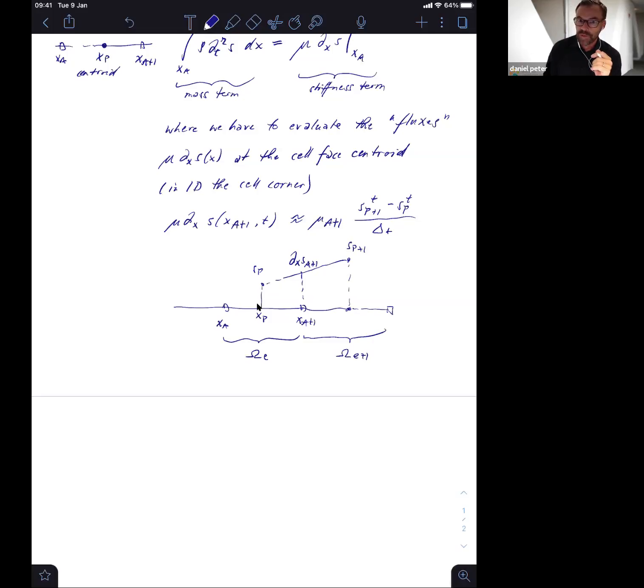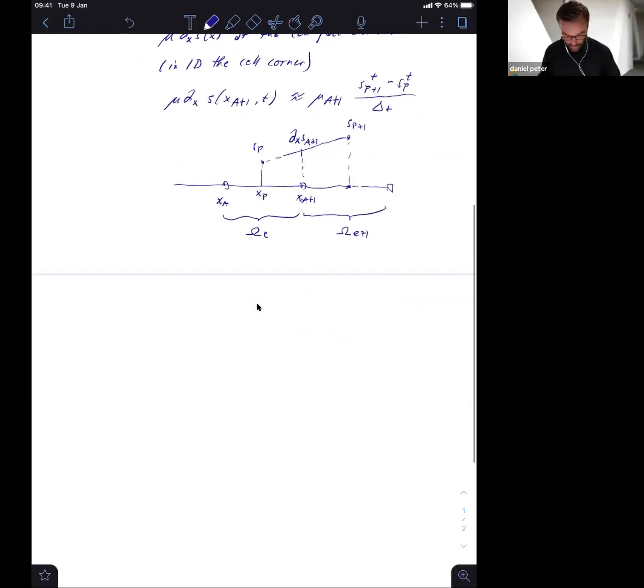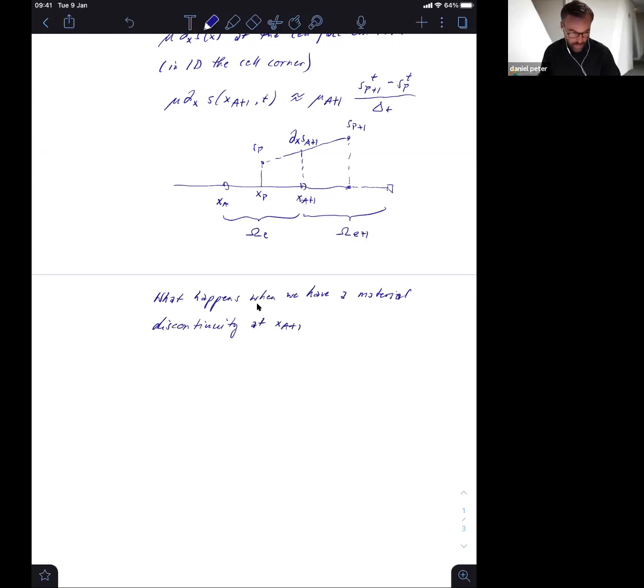And you see we will have a jump of this flux, which is the stress for the 1D wave equation. So let's quickly put down that question. What happens when we have a material discontinuity at that cell boundary xa plus 1?